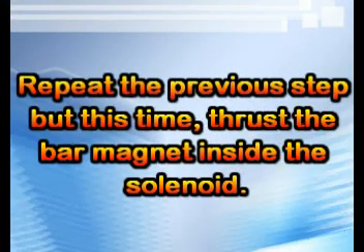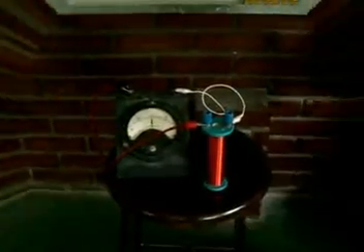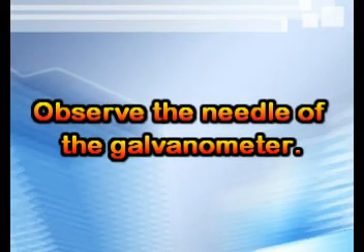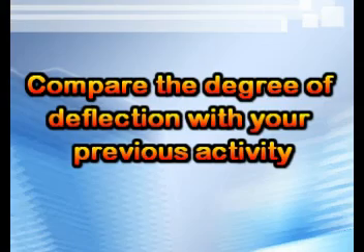Repeat the previous step, but this time, thrust the bar magnet inside the solenoid faster. Observe the needle of the galvanometer. Compare the degree of deflection with your previous activity.